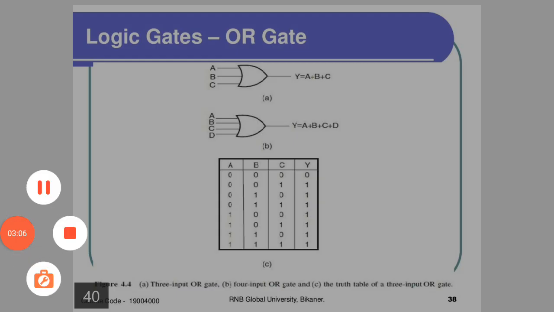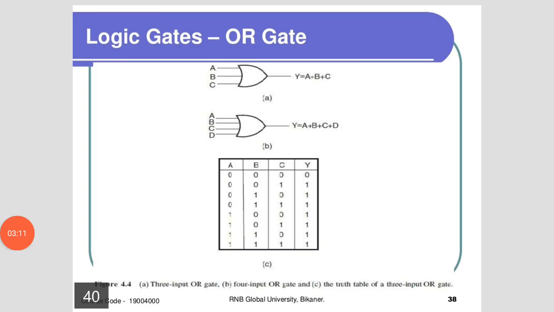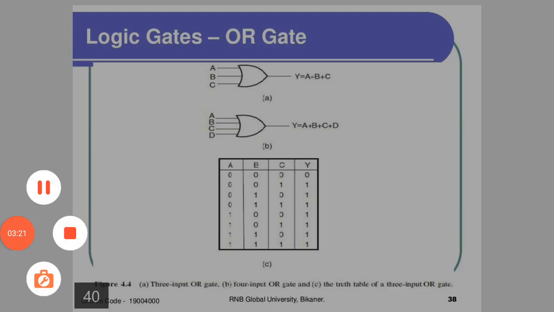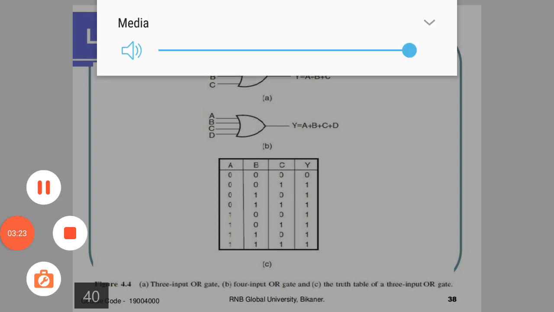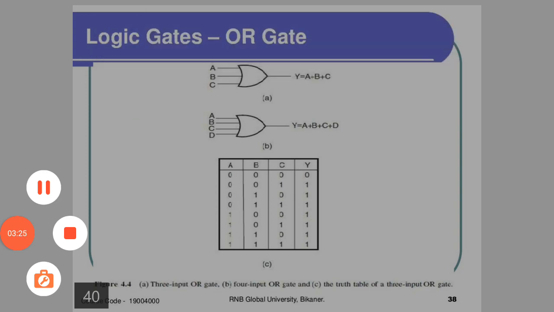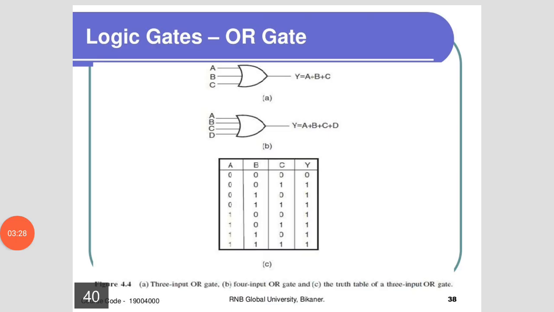The truth table of the OR gate for three inputs has input A, input B and input C, and output Y. When input A is 0, input B is 0 and input C is 0, output Y is 0.